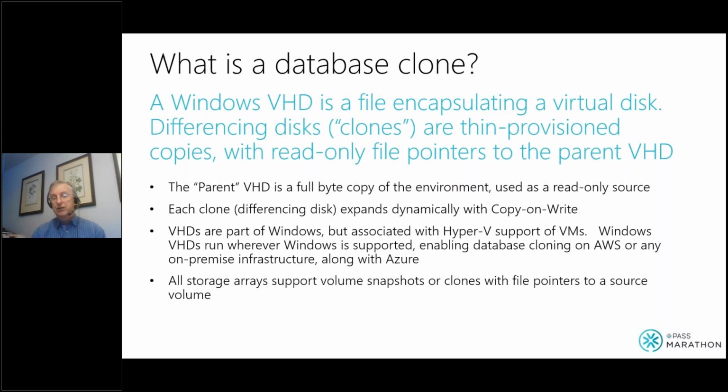While we're going to focus on Windows-based cloning today, any storage array appliance will support similar snapshot and cloning capabilities. They all employ similar designs where the file pointers are pointing to a source volume. They're a thin provisioned clone in the same way that the Windows clones are.